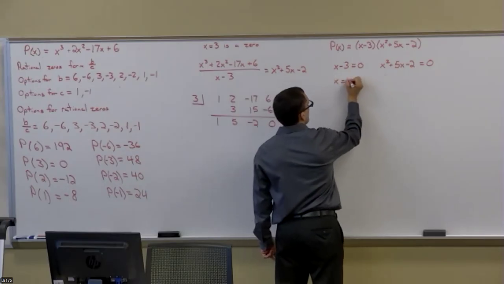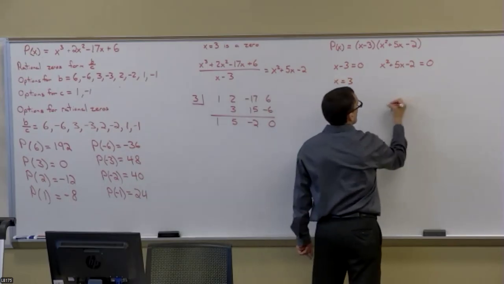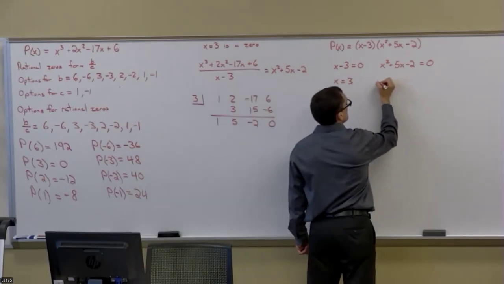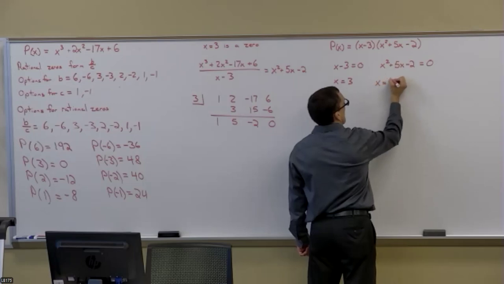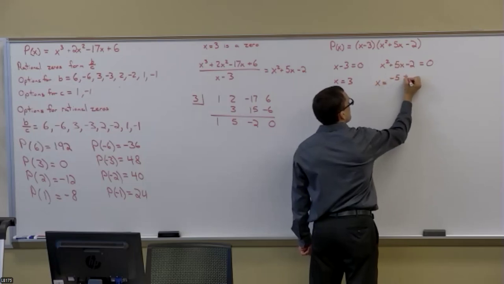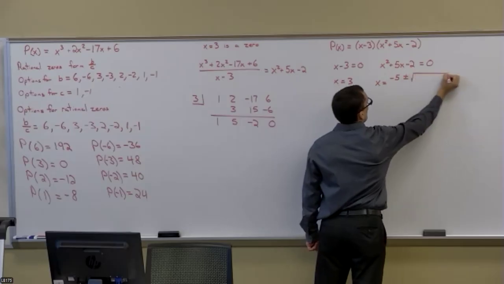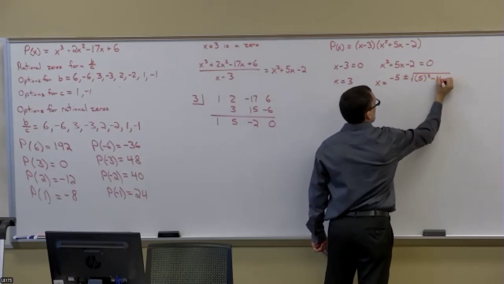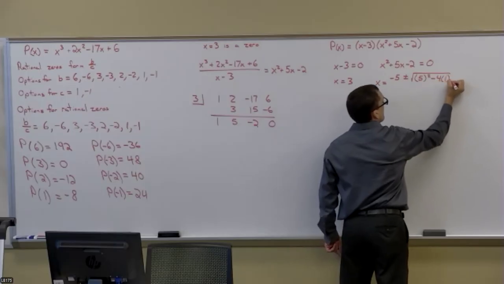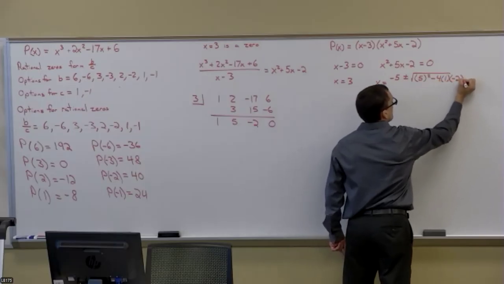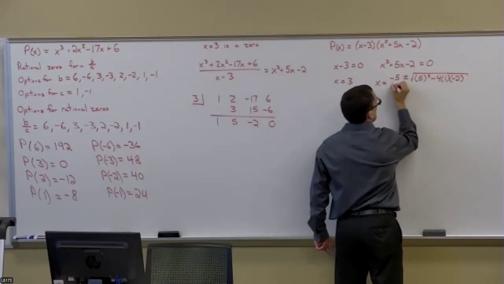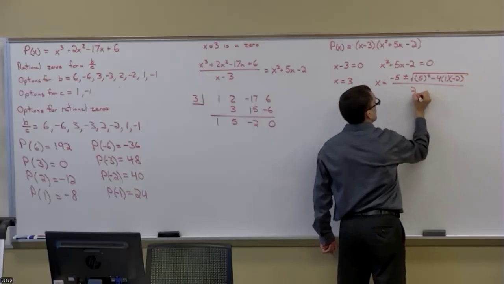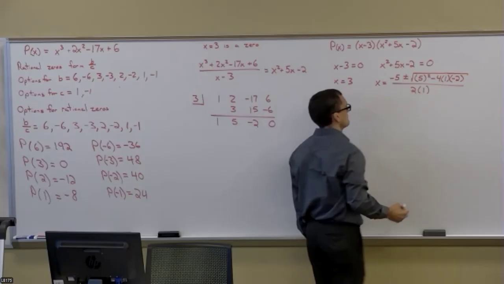This is x equals 3, obviously. This, opposite of b plus or minus square root b squared minus 4 times a times c, all over 2a.